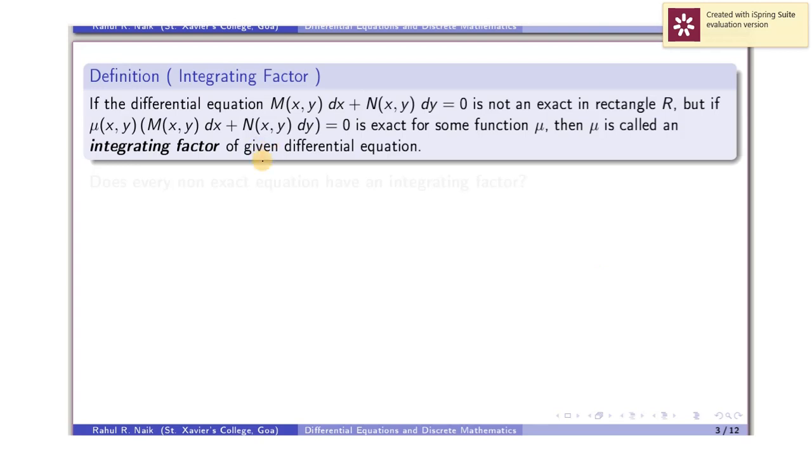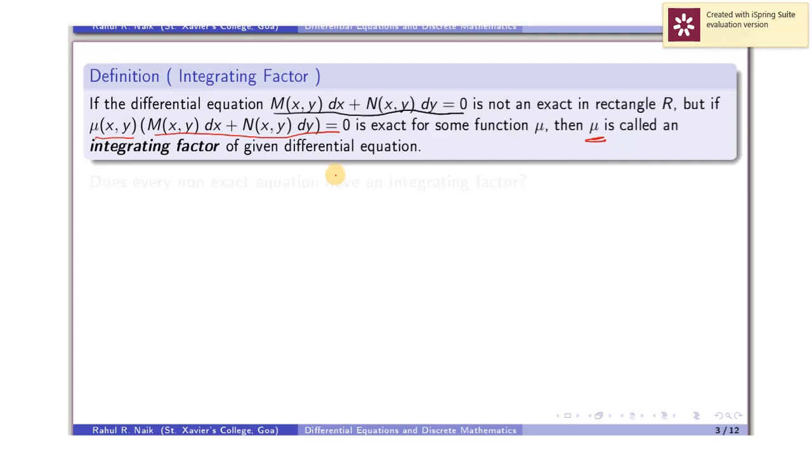If we have a differential equation M dx + N dy = 0 that is not exact in rectangle R, but when we multiply the whole equation by a certain function ν the equation becomes exact, then the function we are multiplying by is called an integrating factor.